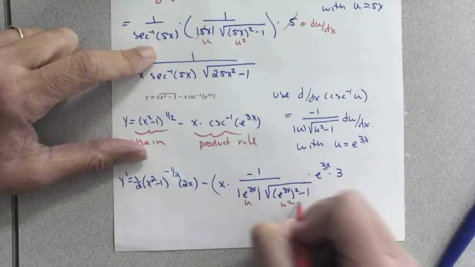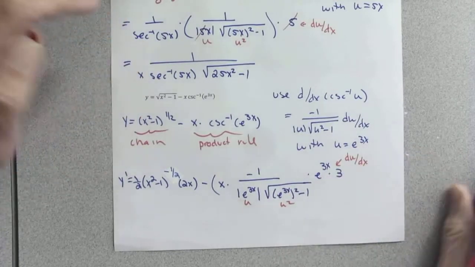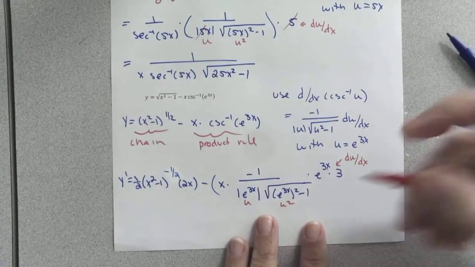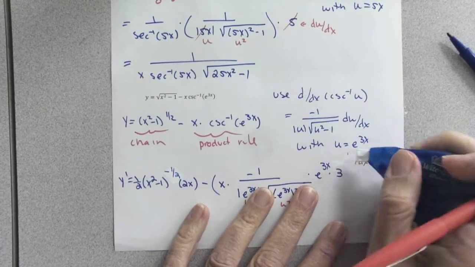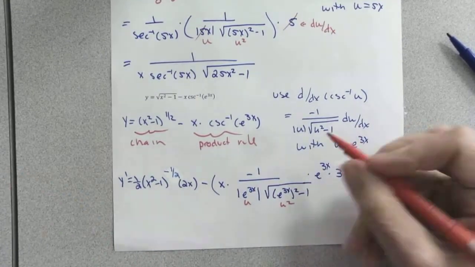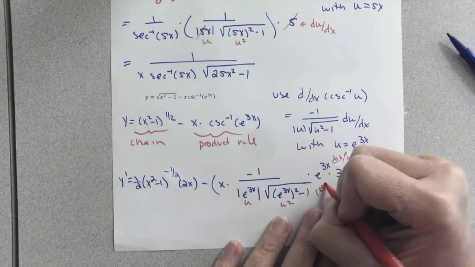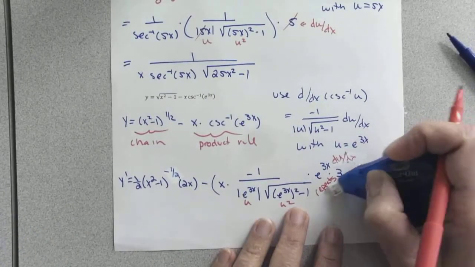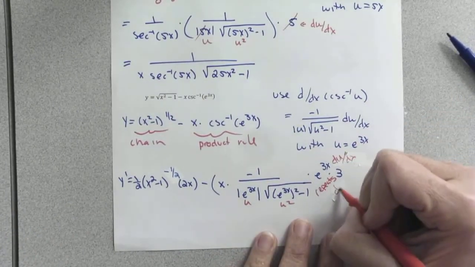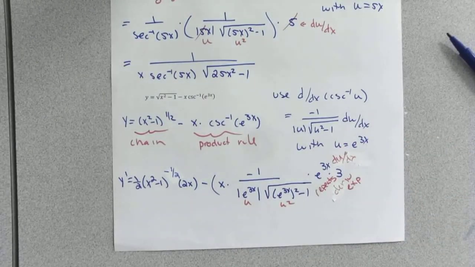There's u squared, du dx. And remember my words here. There's my du dx. Natural log repeats, derivative of the exponent. So there's the first half of the product rule.